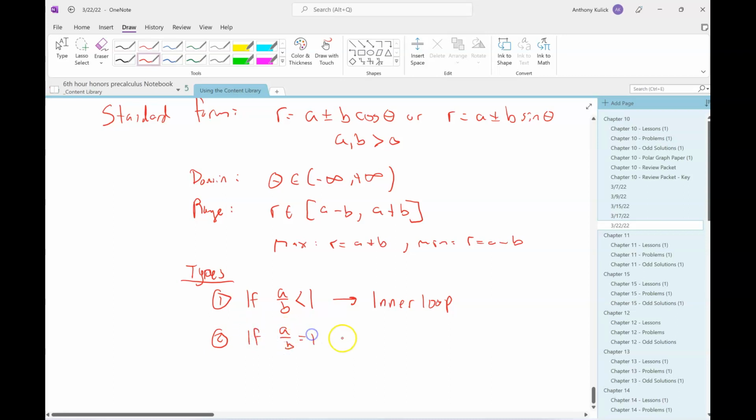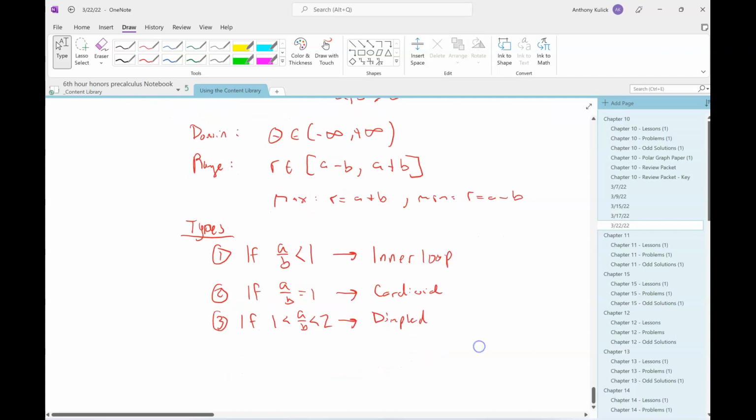If a over b equals exactly 1, that's called a cardioid. If a over b is between 1 and 2, it's called dimpled. And for all other values, it's called convex.